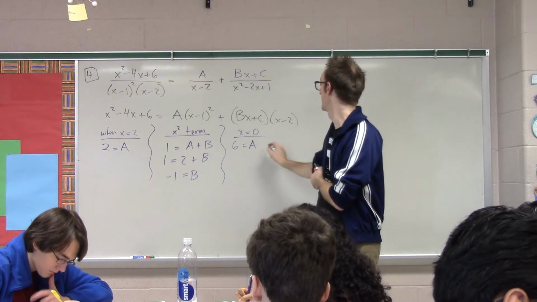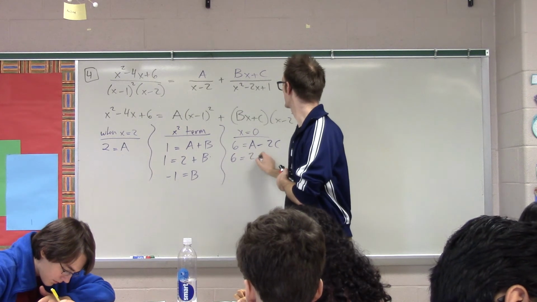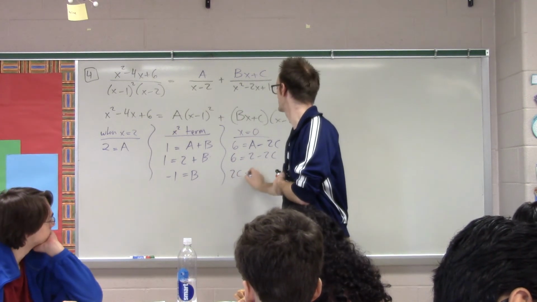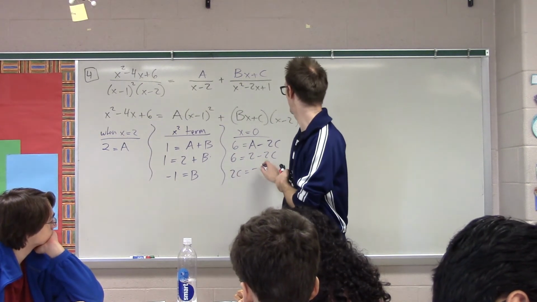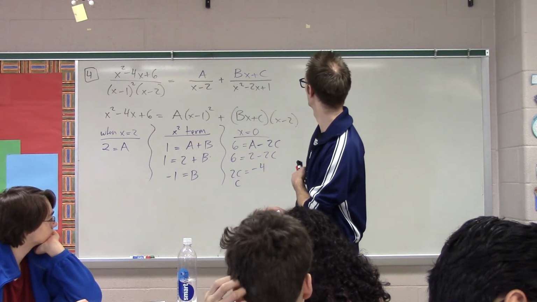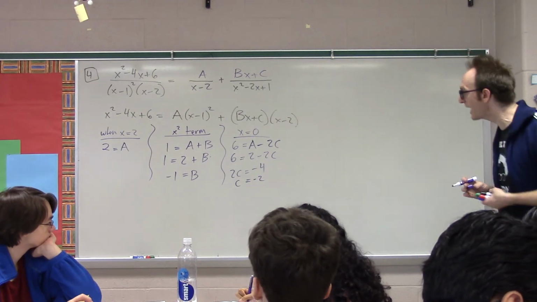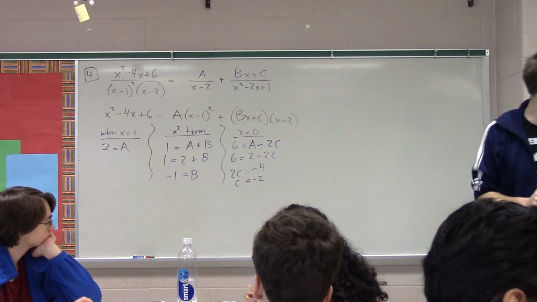Agree? Minus 2C. But A is just 2, so 6 is just 2 minus 2C, so 2C is negative 4. So I think I did something wrong. No, maybe not. So C is negative 2. Can someone back me up on that? Yeah. Okay, good.